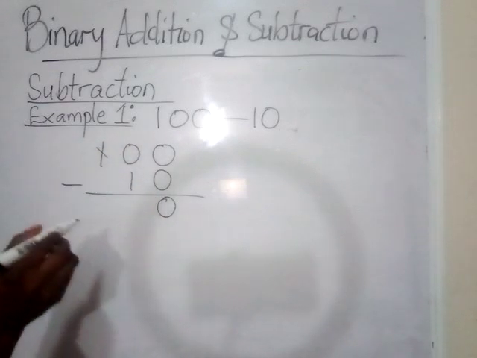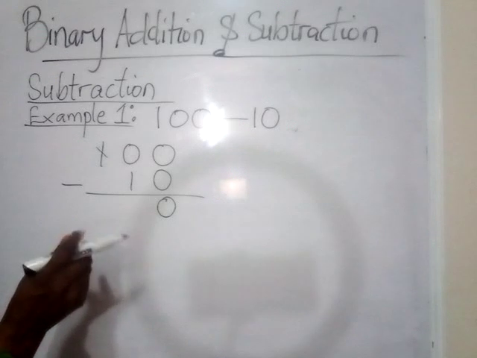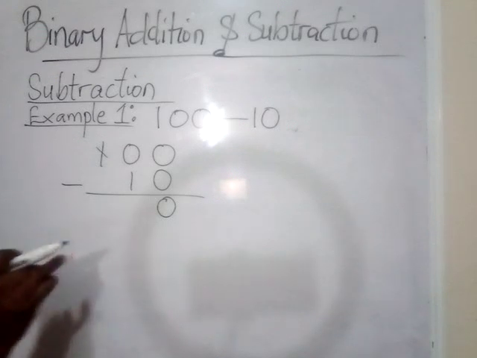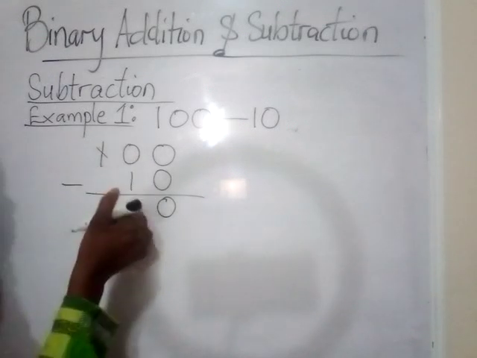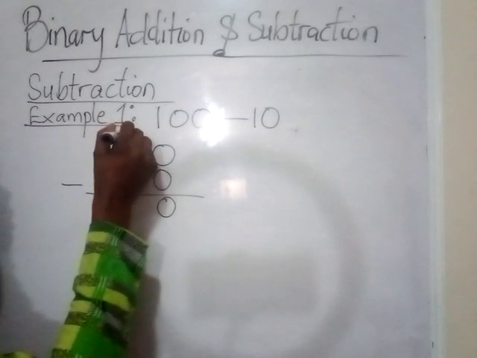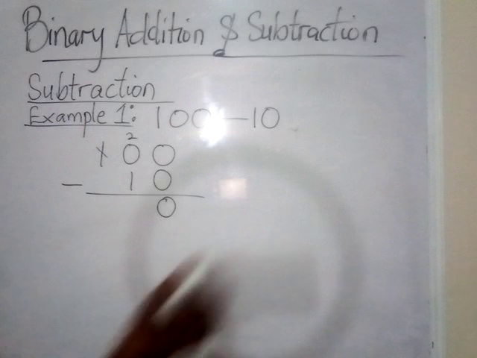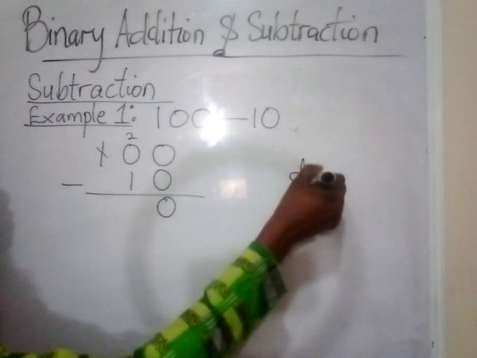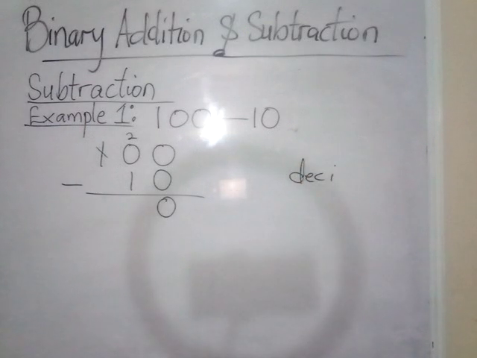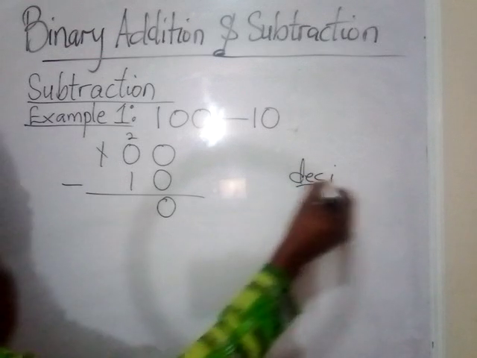But remember, we are dealing with binary numbers here. This is a binary system. Whatever you borrow in the binary system has the value of 2. In the decimal system, that's why it is called decimal. Deci refers to 10.